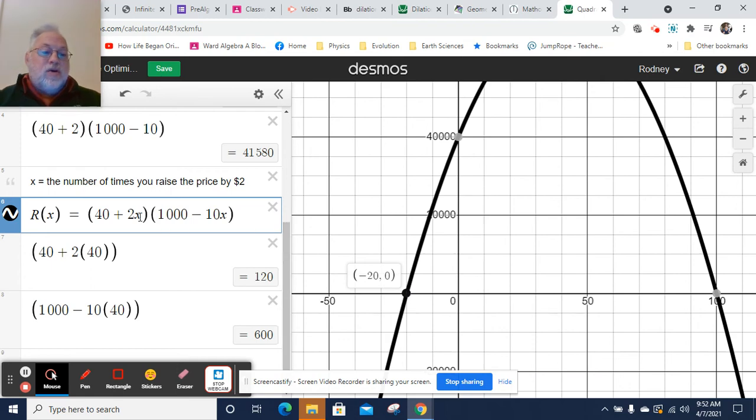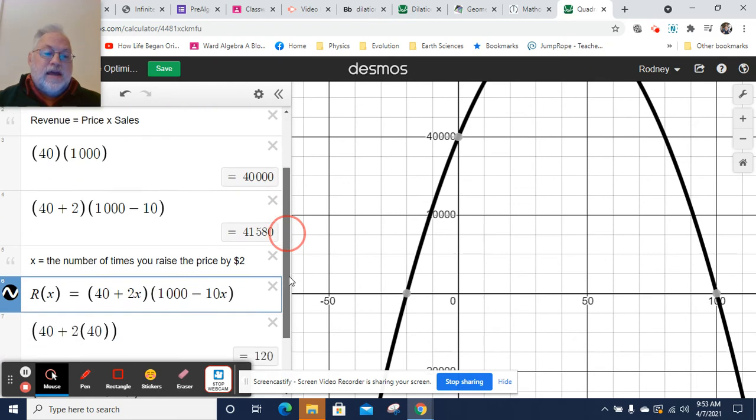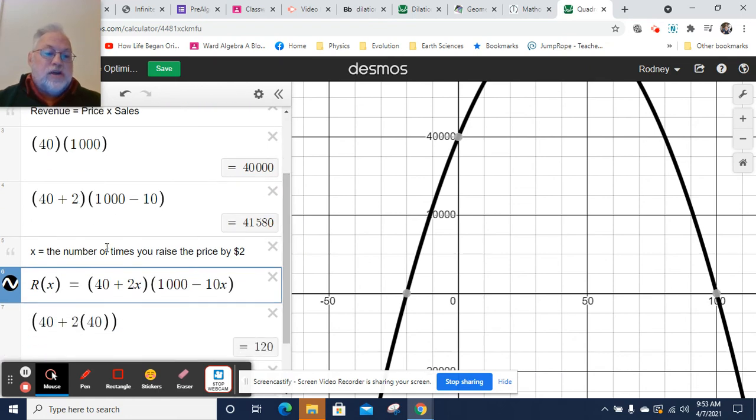All right, and the equation that we set up, just to review, it started off with revenue equals price times sales. This is the price, $40, times the sales of 1,000. If we raise the price by $2, we lose 10 customers. But then we can adjust that a little bit into a function in terms of x. We make 2 times any number of price hikes, then we can call that 40 plus 2x. That's our price for any number of price increases.